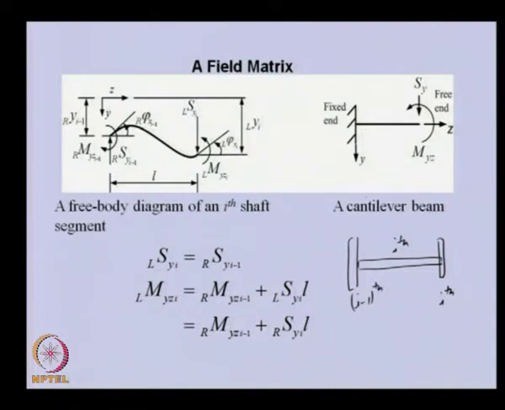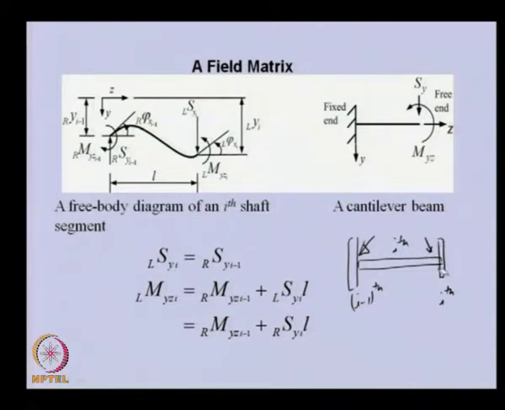So, we can see that this particular end of the shaft, which is here, represents right of the I minus 1th disk, and the other side of the shaft, which is here, represents left of the ith disk.